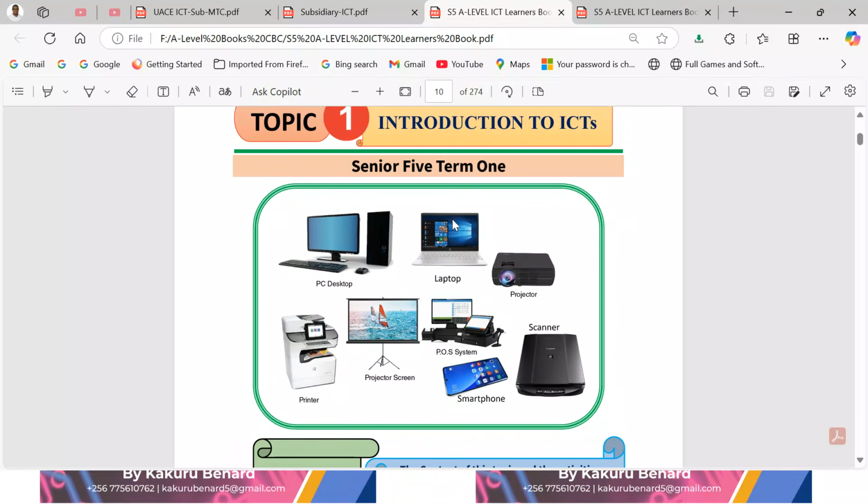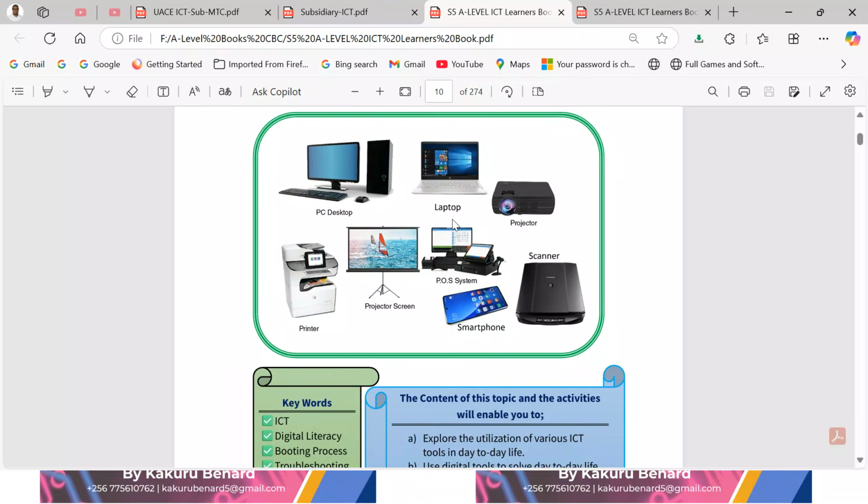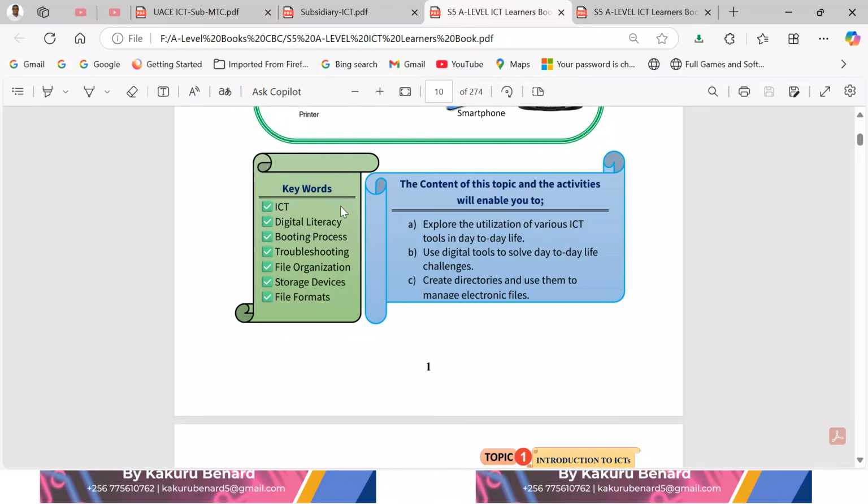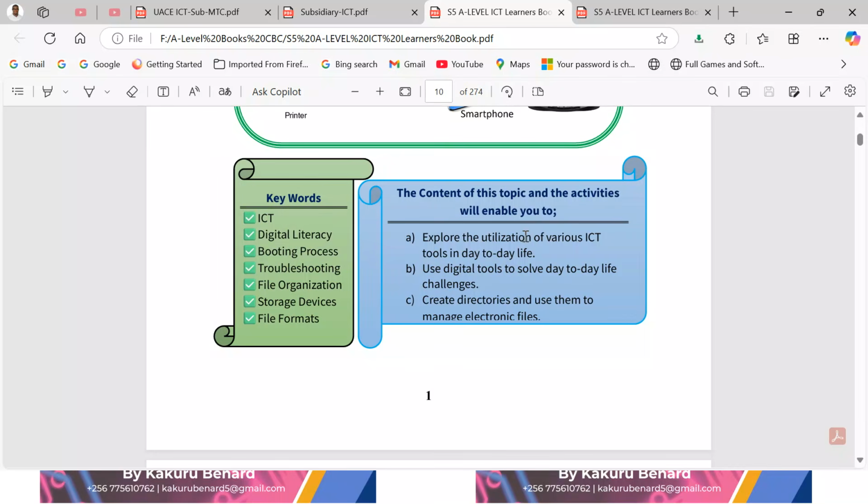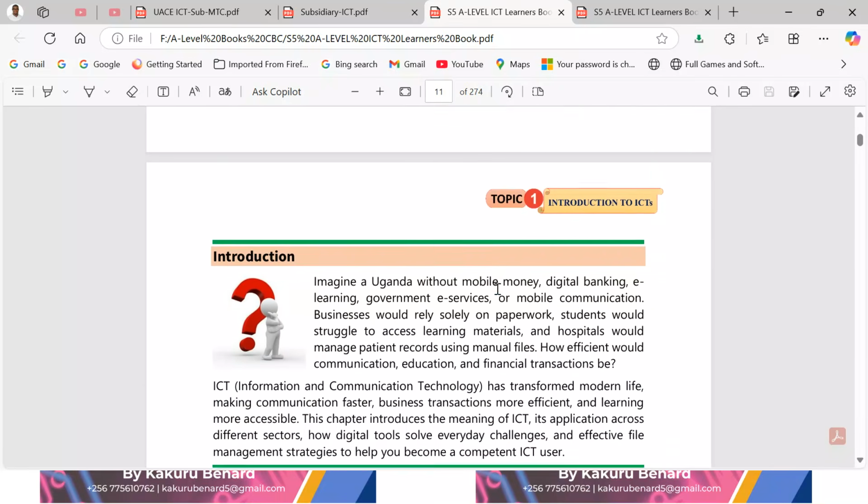Here the book goes, Introduction to ICTs. This is Senior 5 Term 1. We look at those gadgets, the keywords, then the learning outcomes. The content of this topic and activities will enable you to explore the utilization of various ICT tools in day-to-day life, use digital tools to solve day-to-day life challenges, then create directories and use them to manage electronic files.